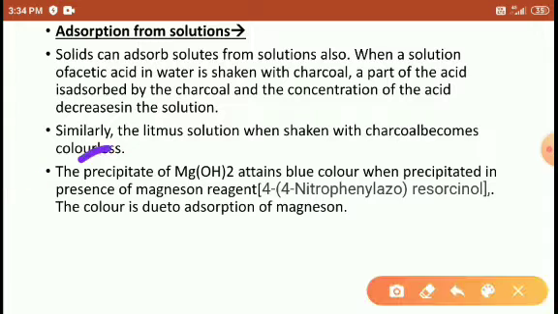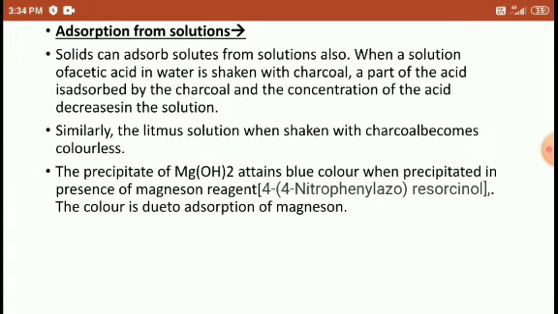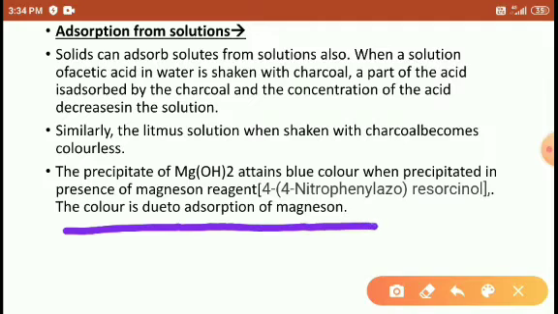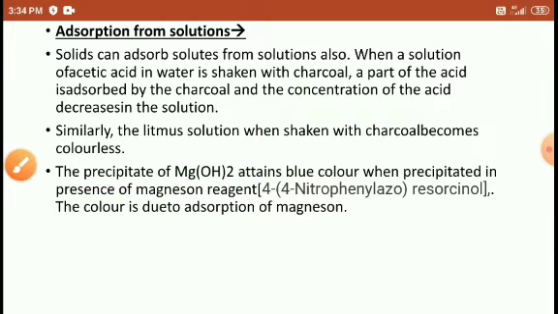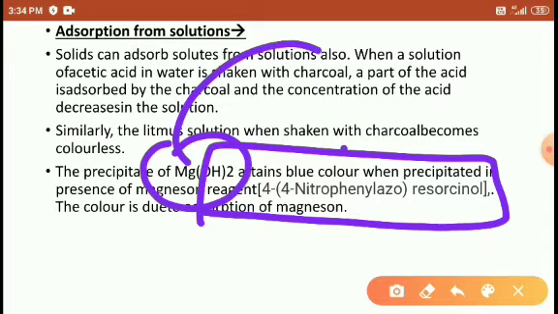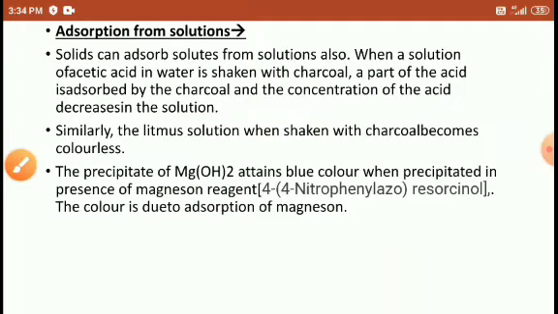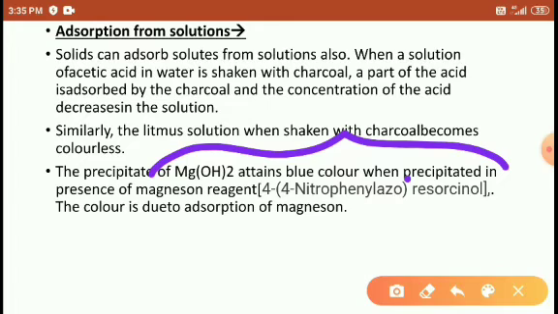Because the magnesium hydroxide is precipitated in the presence of the magnesium reagent. So when this acts as an adsorbent, it adsorbs the magnesium hydroxide on its surface. So that's why it attains the blue color. Right.